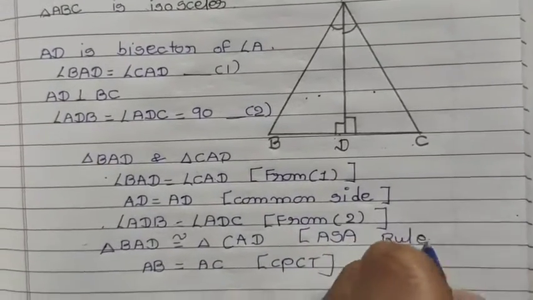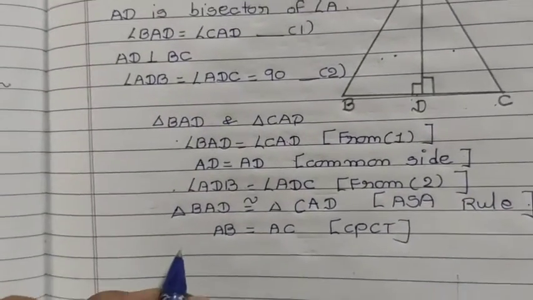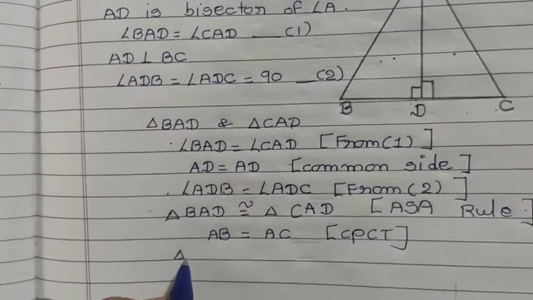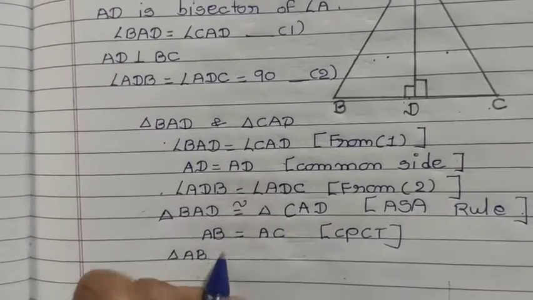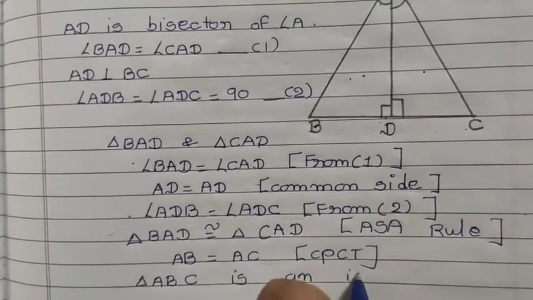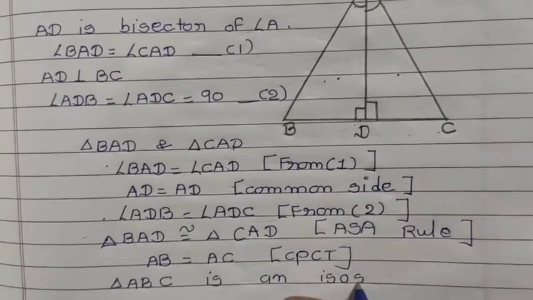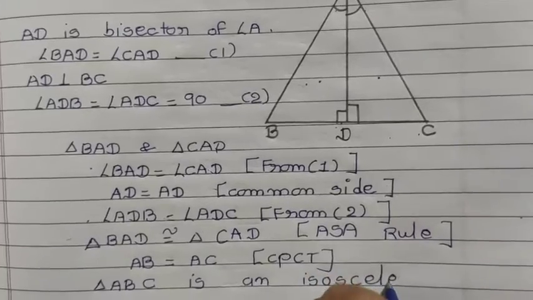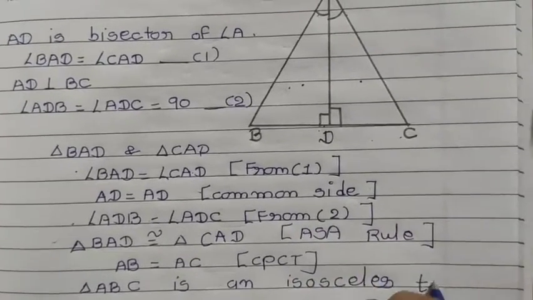And if in a triangle two sides are the same, that means triangle ABC is an isosceles triangle.